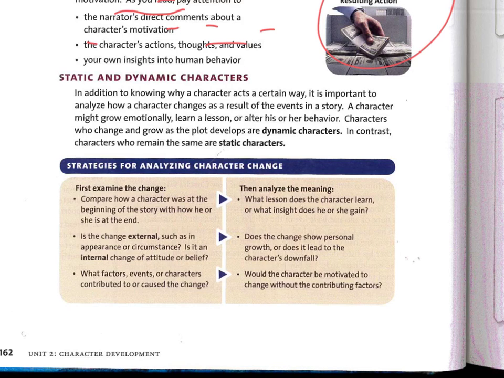A character may grow emotionally, they may learn a lesson, or they may change. They may alter their behavior. Characters who change and grow as the plot develops are called dynamic characters. In contrast, characters who remain the same are called static characters.